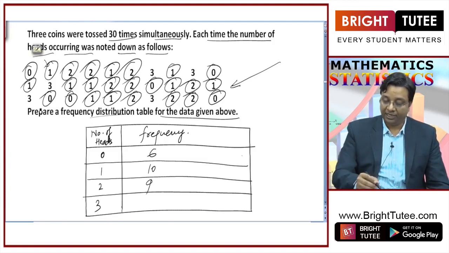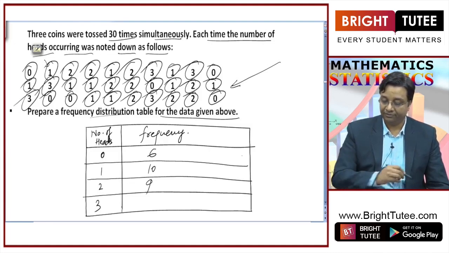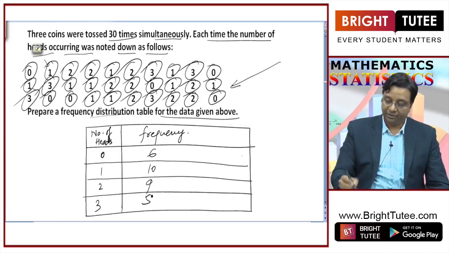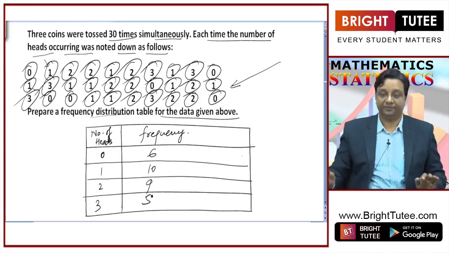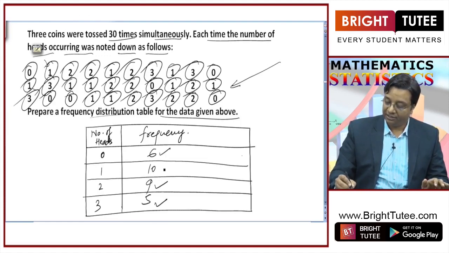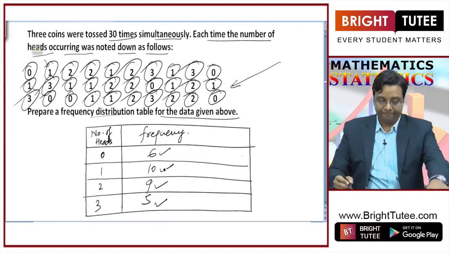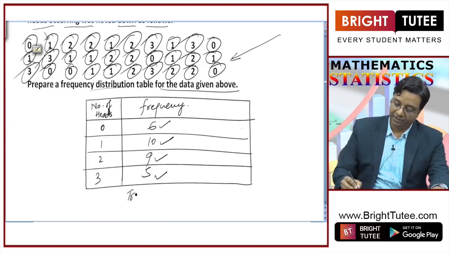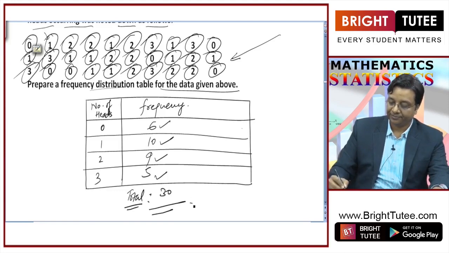And all heads, that means 3 heads: 1, 3, 4, 5. There were 5 times we got heads on all the coins, and their sum should give me 30. So let us check. 6 plus 5 is 11, 11 plus 9 is 20, 20 plus 10 is 30. So the total number of tosses is 30, and this is the frequency table.